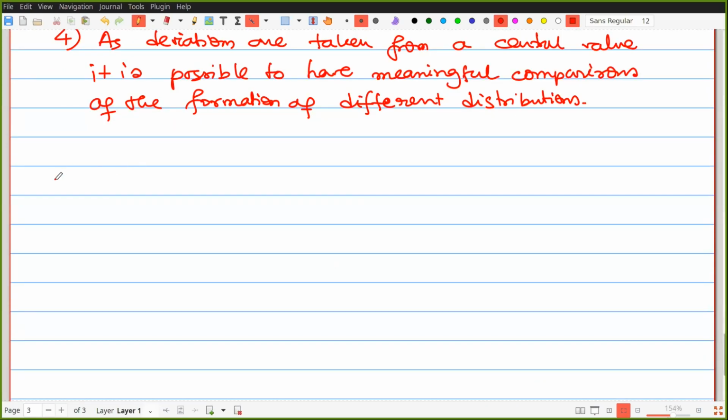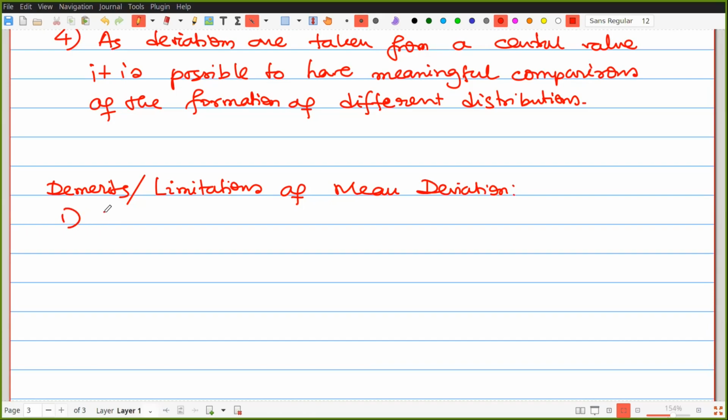Now the demerits or the limitations of mean deviation. The first one is it is not capable of further algebraic treatment.